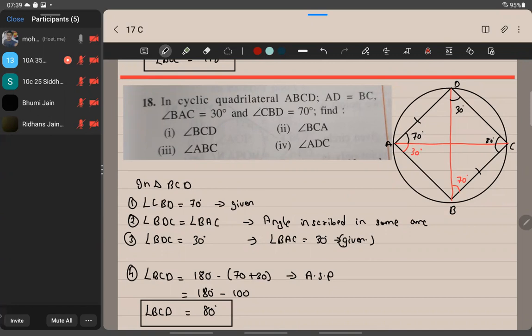Now, if that is 70, CB. ABC, can we find ABC? No. Can we find BCA? Not yet.